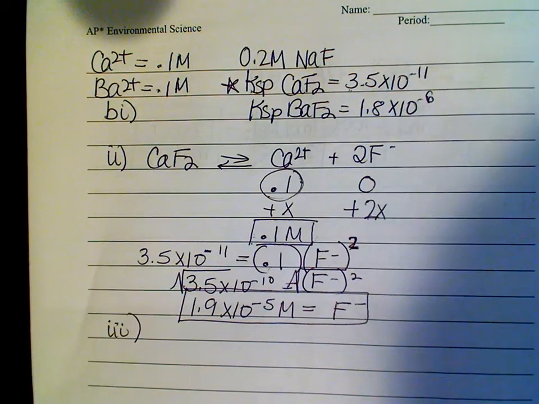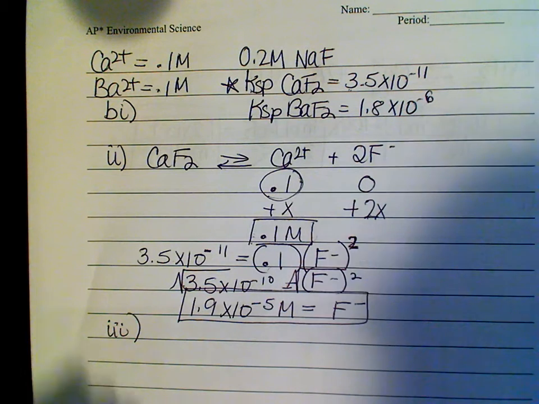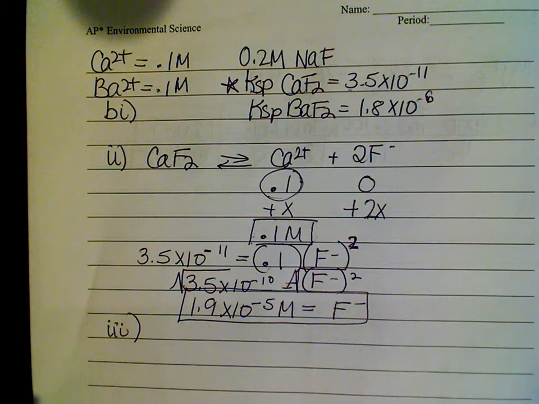All right, Roman numeral 3. Almost done. This one says, calculate the minimum volume of the 0.2 molar NaF that must be added to initiate the precipitation of the salt selected in part B. So when you are wanting to know what is the volume of that NaF, what we need to do is do the M1V1 and plug in.